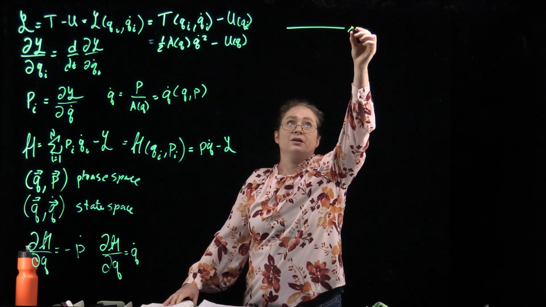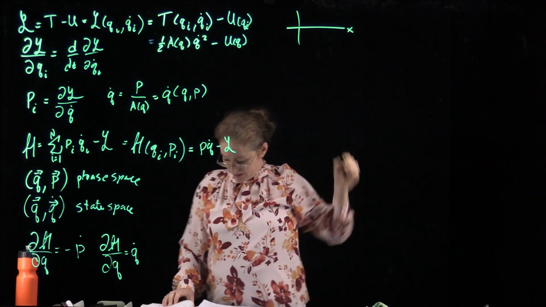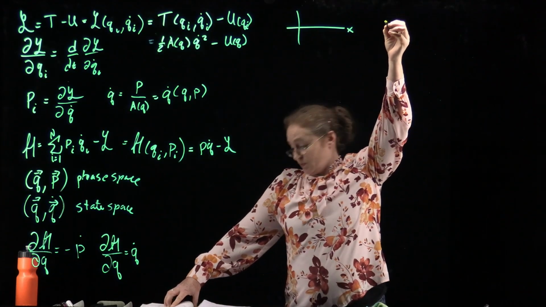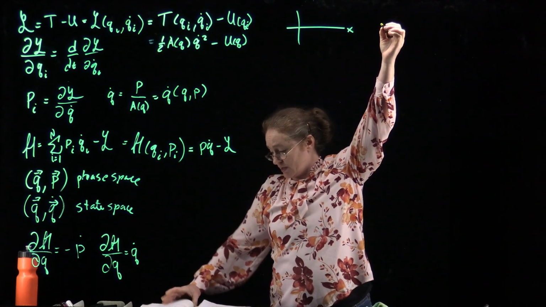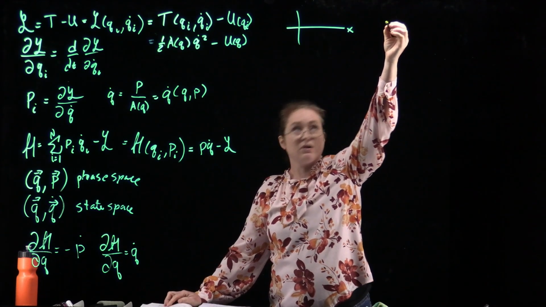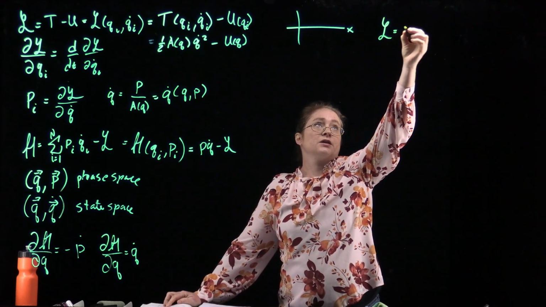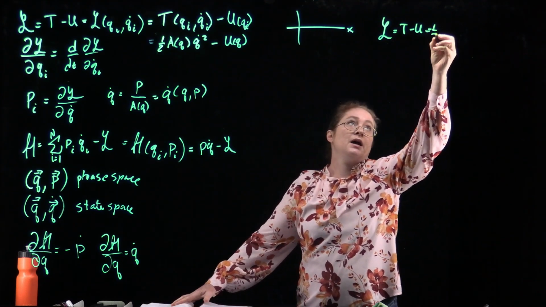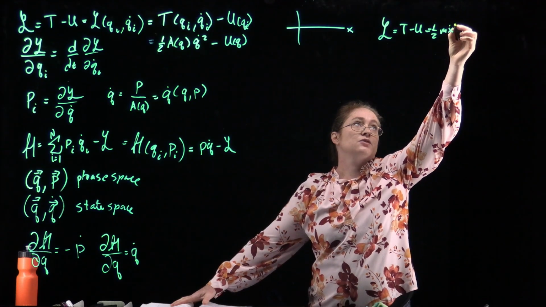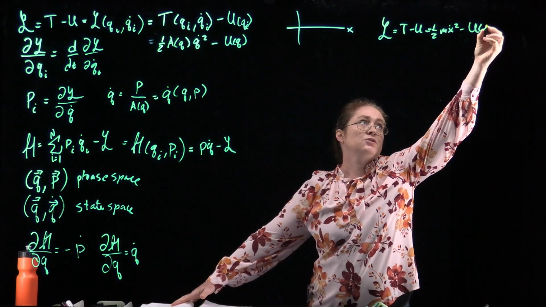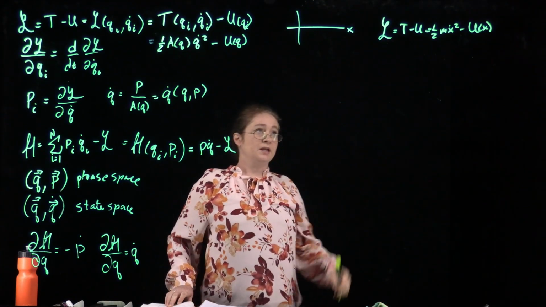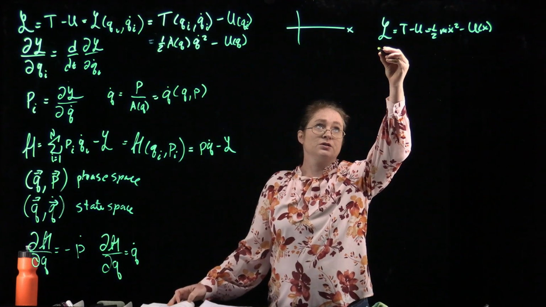We have a bead on a straight wire. Not the most interesting example, but nevertheless, we can easily write down the Lagrangian, which is T minus U, or 1/2 m ẋ squared minus the potential, which in general can be a function of x. We can apply our Lagrange equations.